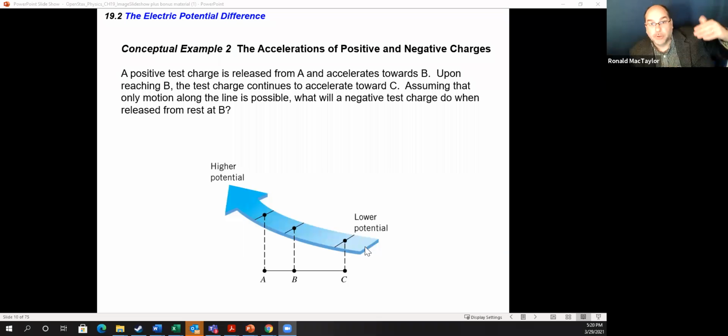So we have a region of high potential, and that's the positive terminal of the battery. And it is the protons that would be repelled from that high potential. It's the protons that would have high electric potential energy in the positive region and low electric potential energy in the negative region.